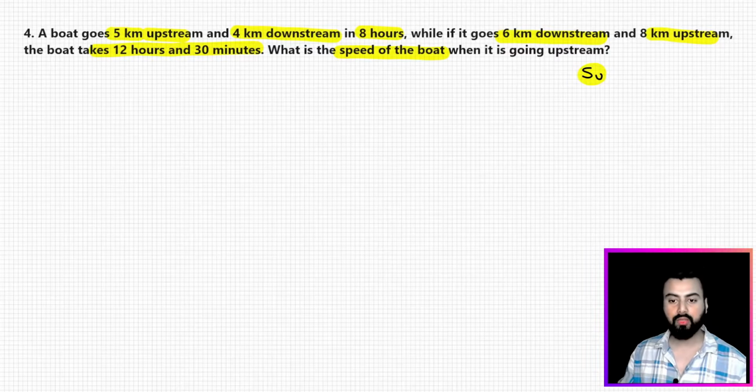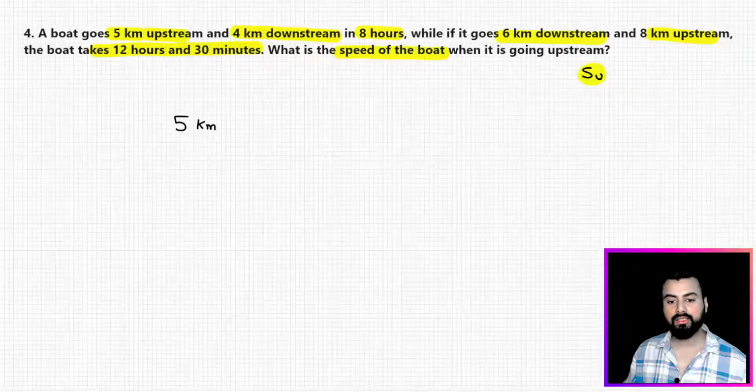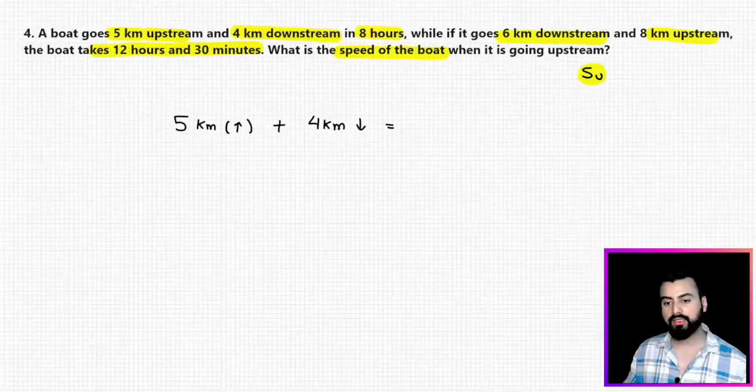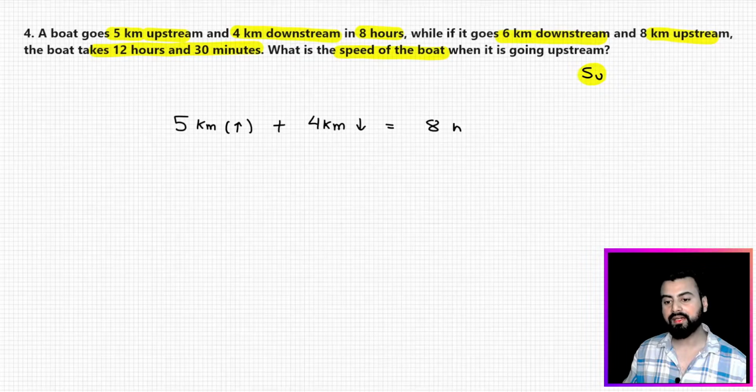So let me first write down the data which we are given. A boat goes 5 kilometer upstream, so 5 kilometer upstream, and I'm using an upward sign. And 4 kilometer downstream in a total of 8 hours. Now this is where you need to be a little careful. 6 kilometer downstream.